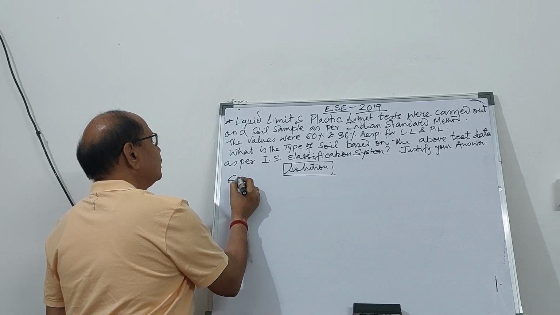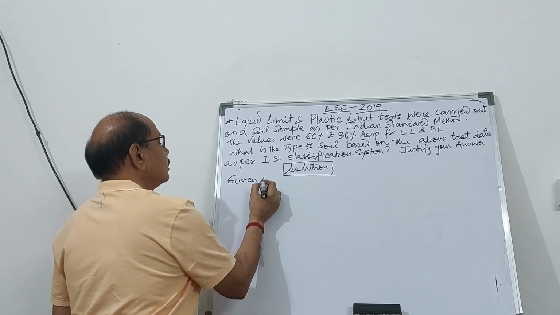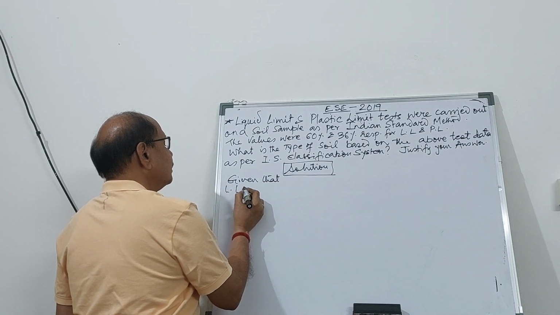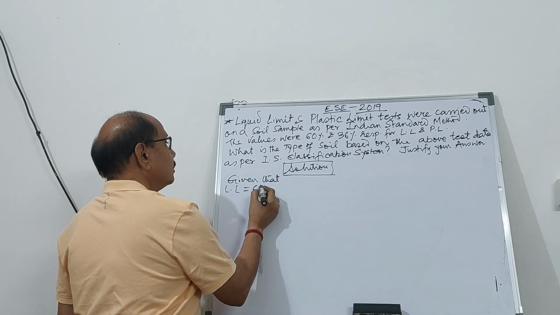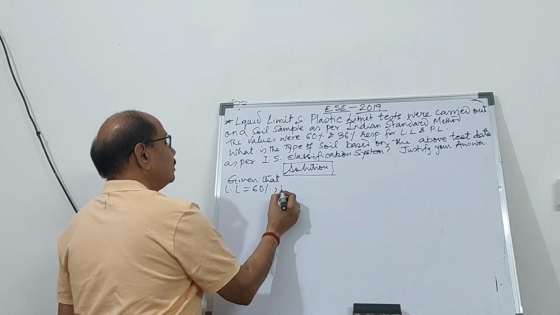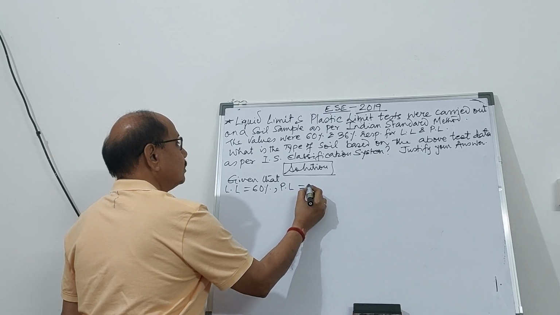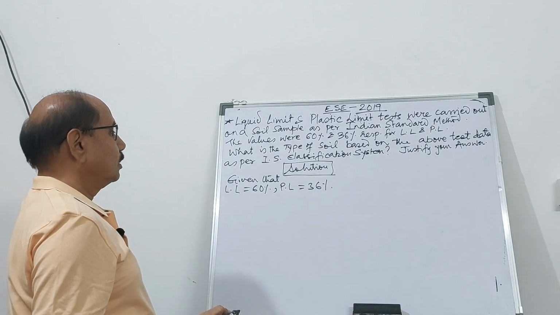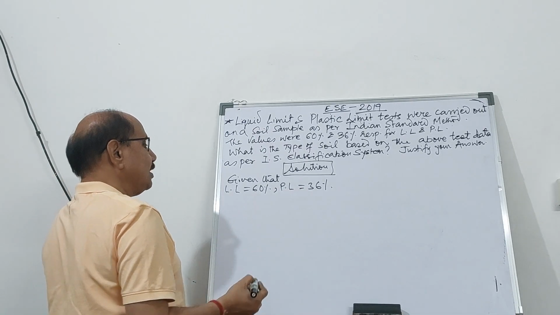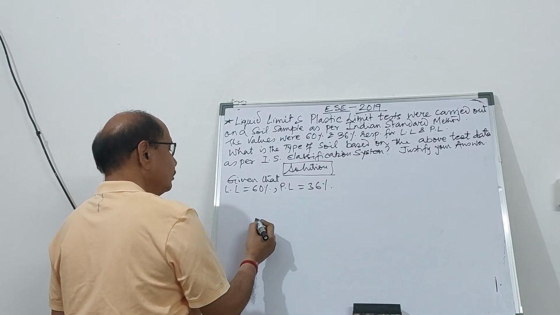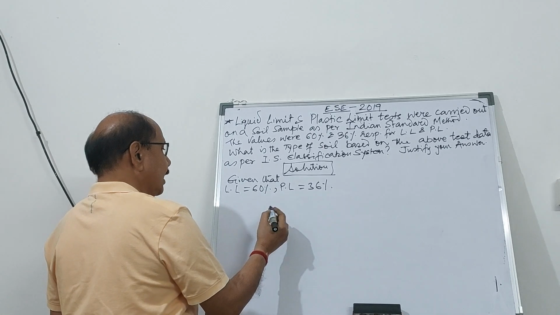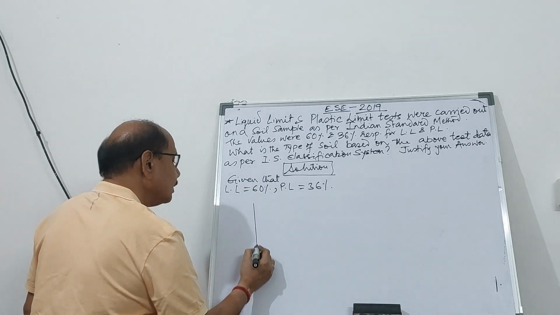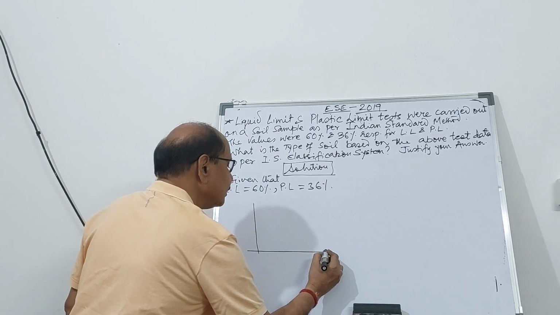So given that liquid limit is 60%, plastic limit is 36%. Now, if you are going for the IS soil classification system, you can always have the plasticity chart.